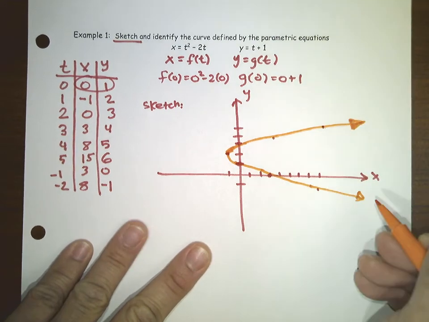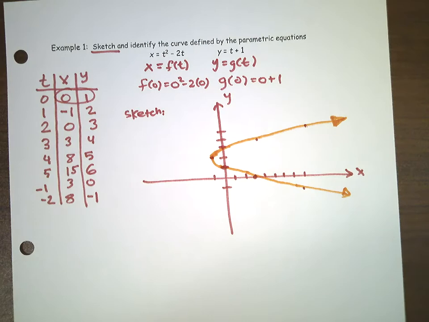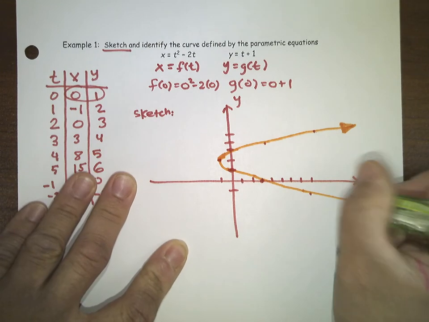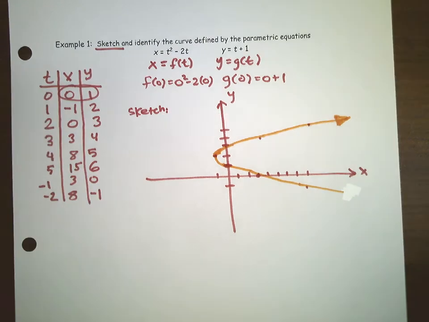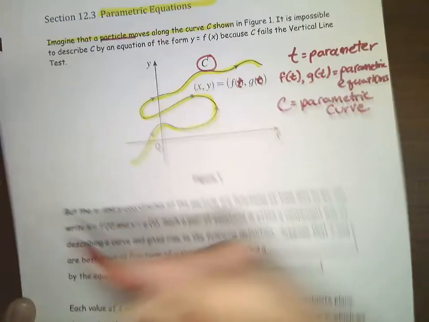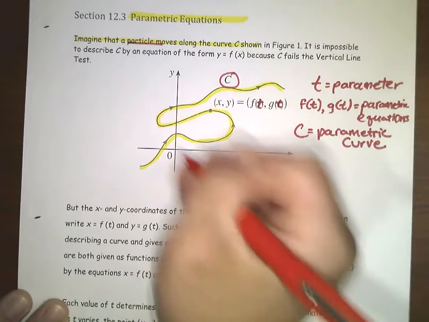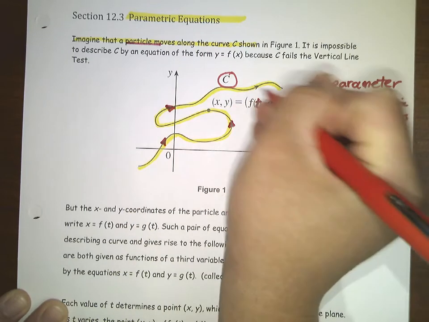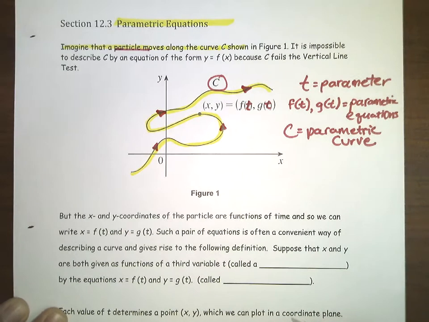Here is one thing I will notice here, and forgive me for drawing that arrow. If you go back and look at the original graph, do you see how the example graph had some arrows? These arrows point in the direction that t is increasing.